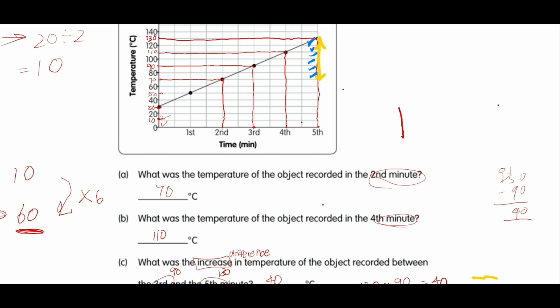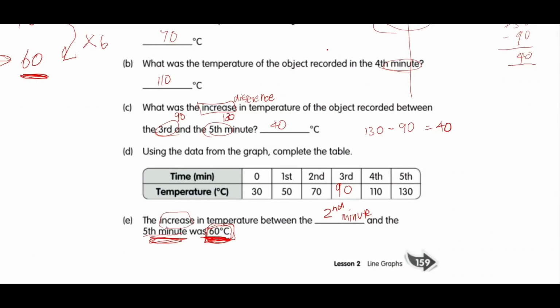Let's find out which minute has that increase of 60. It's from the 2nd minute. So the 2nd minute to the 5th minute has an increase of 6 spaces, which is 60 degrees. So the increase in temperature between the 2nd minute and the 5th minute was 60 degrees.